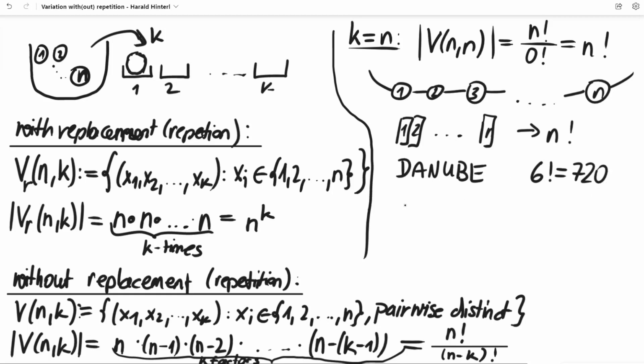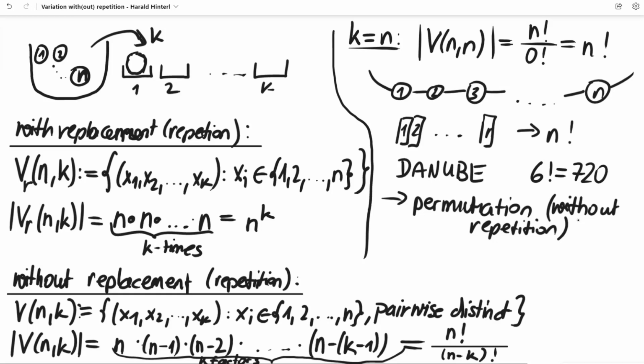Because this is so important in practice, this has its own name, and this is called permutation without repetition. So in practice, if people speak about permutation, it just means you take all balls and you think about the different arrangements.